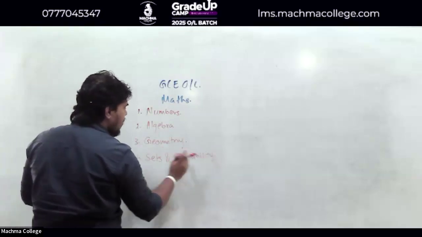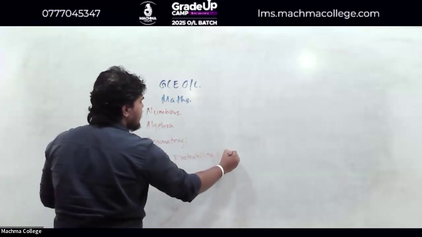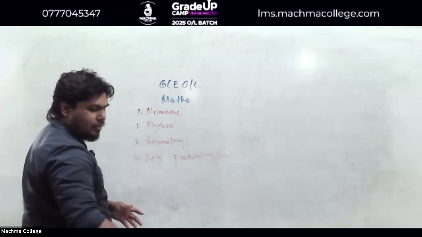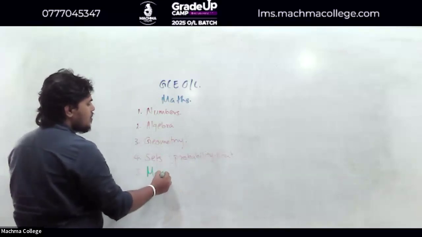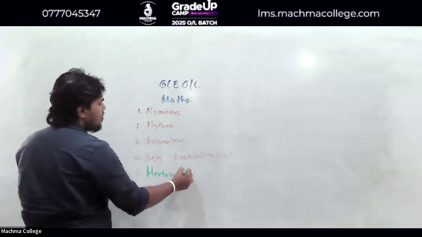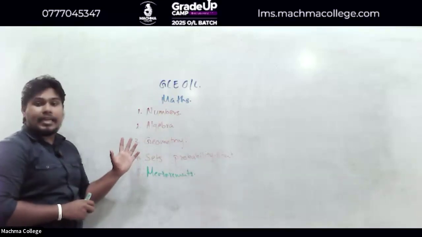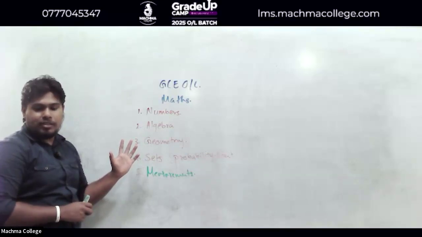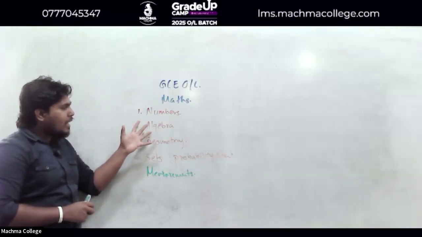Sorry, sets, probability and statistics together. And then finally, we have one more thing: measurements. So these are the 5 sections that you have in both grade 10 and 11.